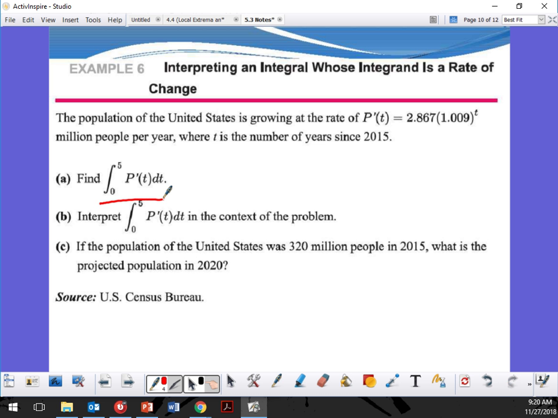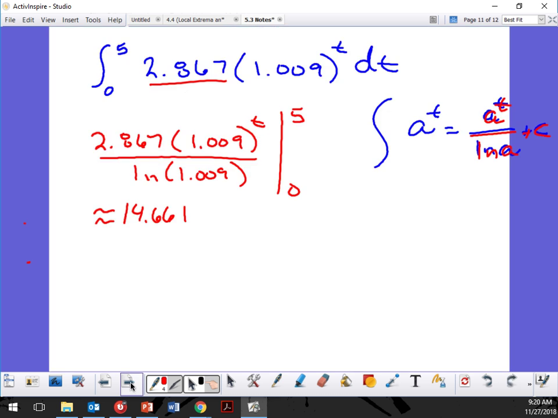Okay, so in the context of the problem, what does that mean? It's the rate. Projected change in the population in millions. So that's the rate of change over 5 years.